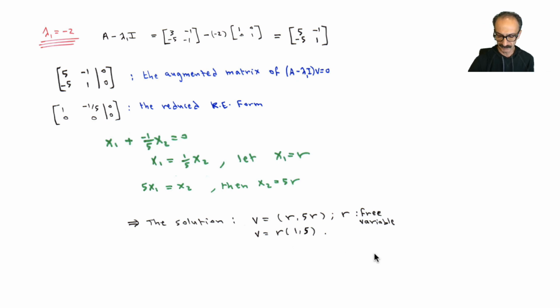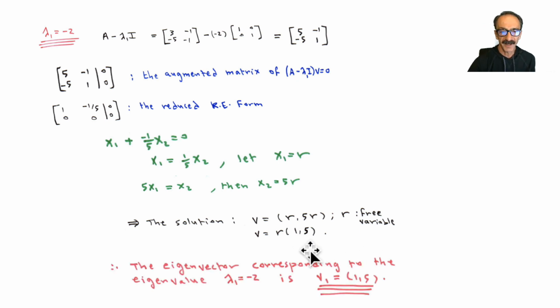It's 1 and 5. The eigenvector corresponding to the eigenvalue lambda 1 equals -2 is v1 equals 1 and 5. Because we call this one lambda 1, we're calling the solution v1.